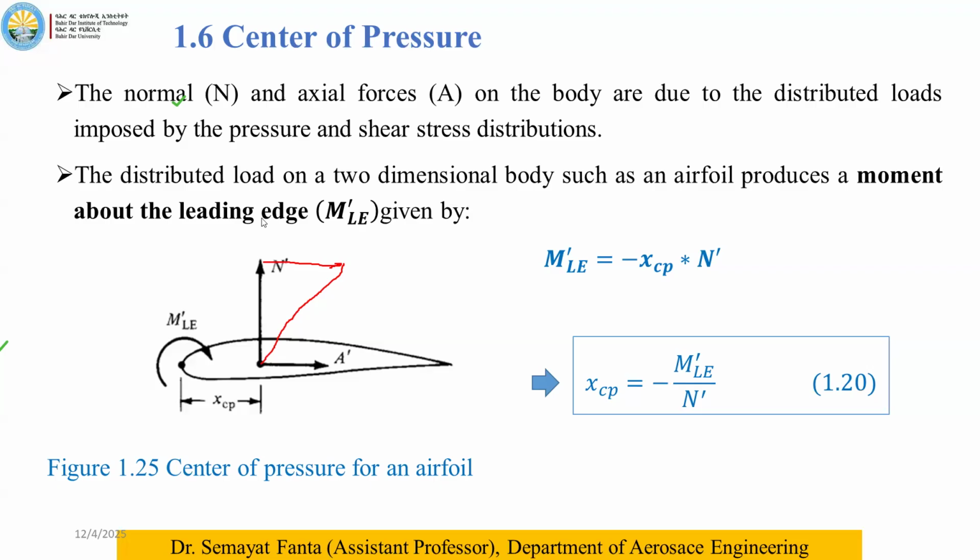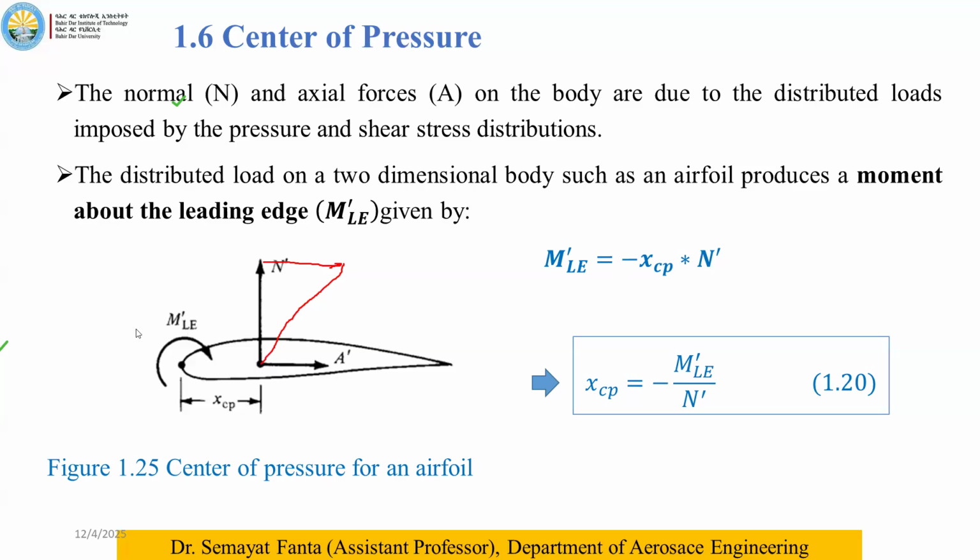Put the normal force and axial force on that, then you can equate it with the leading edge moment. The moment at the leading edge is given here. When the force pitches the nose up, it is called a positive moment, and when it creates a nose down moment, it is called a negative moment.